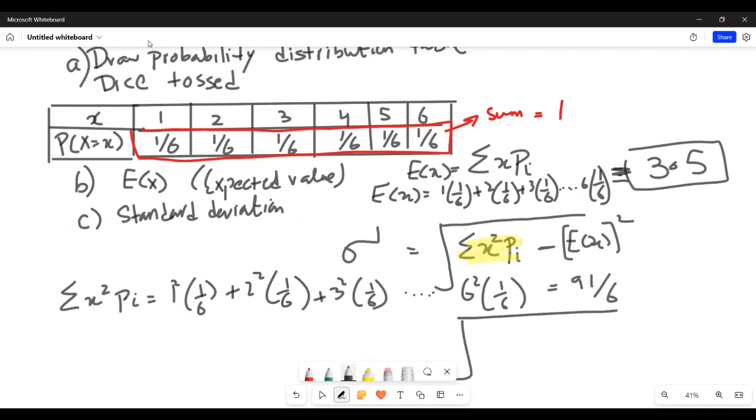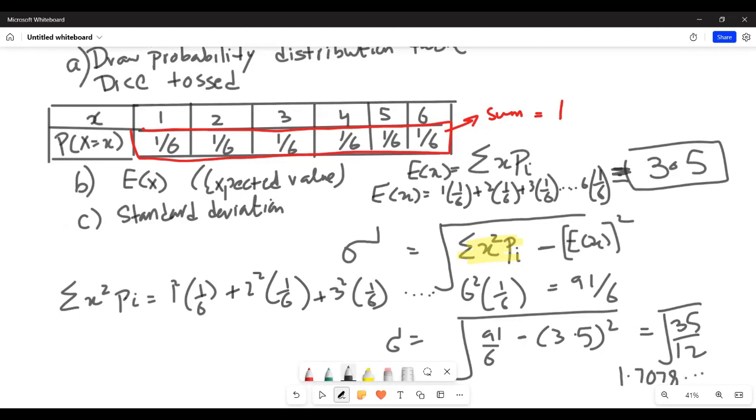And now the standard deviation is going to be 91 upon 6 minus 3.5 squared and then square root. That's going to be square root 35 upon 12, which is 1.7078. 1.7078 rounded to 3 significant figures is 1.71.